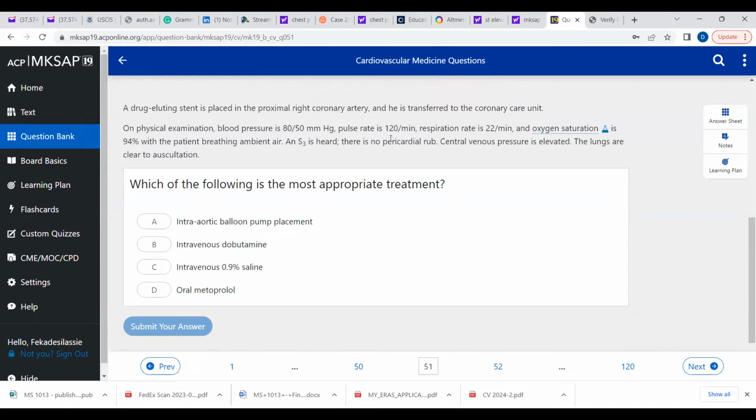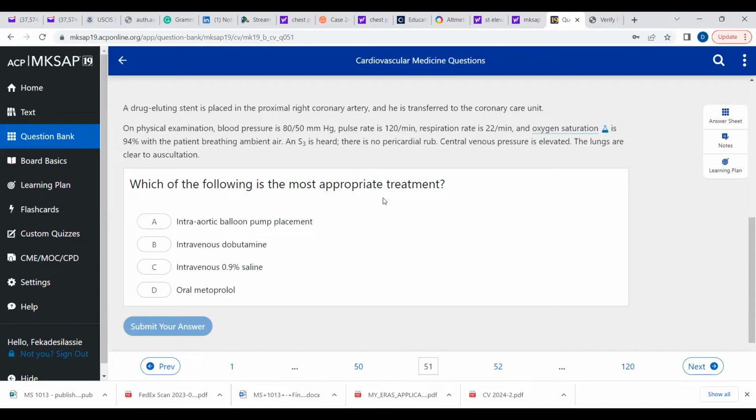And what does an inferior MI cause? Which part of the heart is affected? Right ventricle or left ventricle? With inferior MI, which vessel is involved? It is the right coronary artery that is blocked to give you an inferior MI. So most probably you are dealing with right ventricular failure, right? And the patient is hypotensive. So what shall we do?